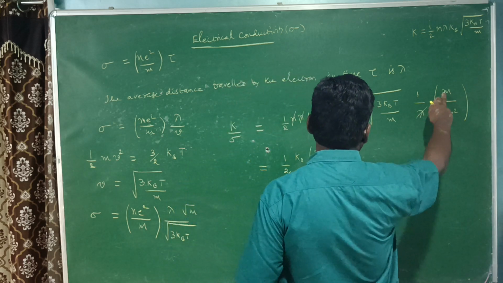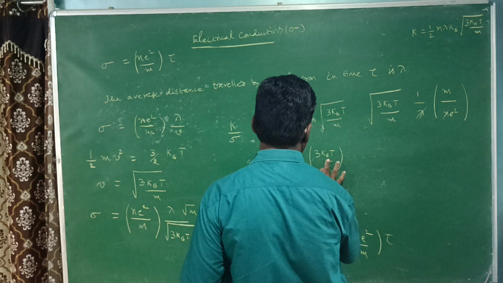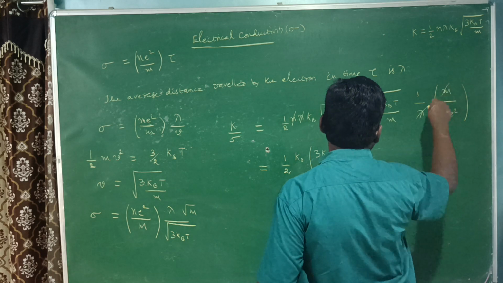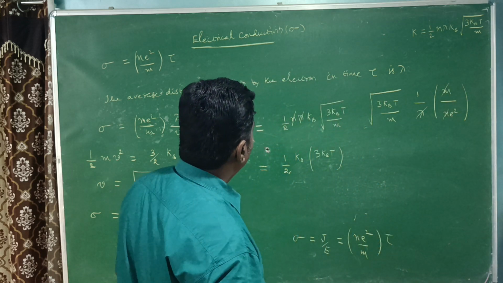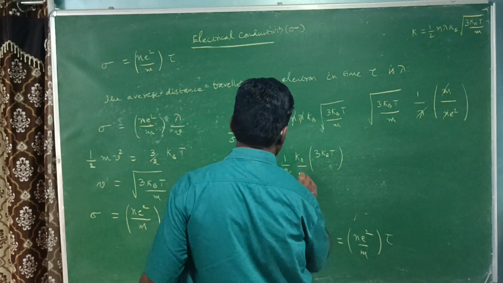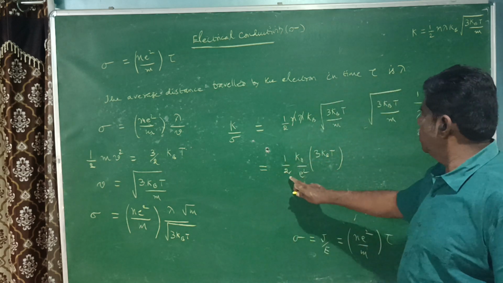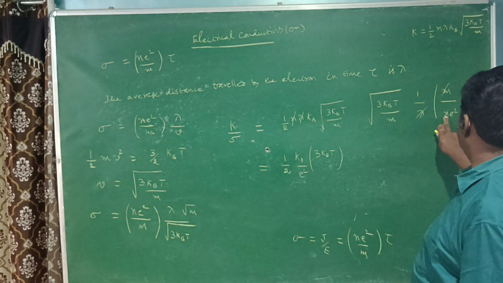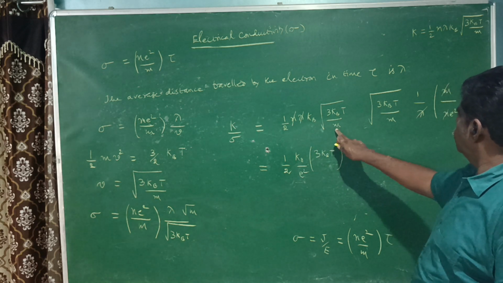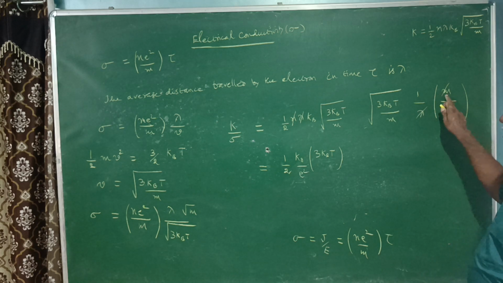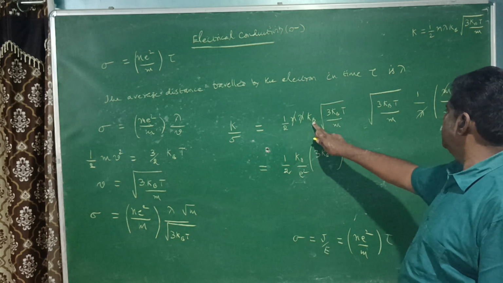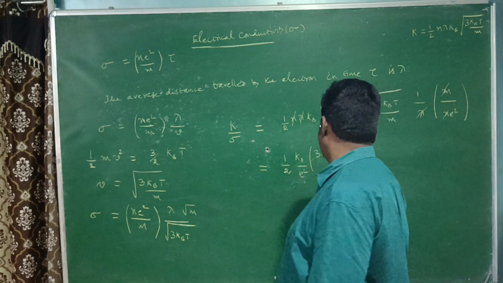Then this m into m cancelled out, so we make it 3 k_B T alone. Root m into root m cancel. Here e square is present, k_B by e square. Verify 1 by 2, this n get cancelled, this lambda get cancelled, root m into root m is m get cancelled, root of 3 k_B T into root of 3 k_B T is 3 k_B T. Already one k_B is present, we have taken out this e square outside.